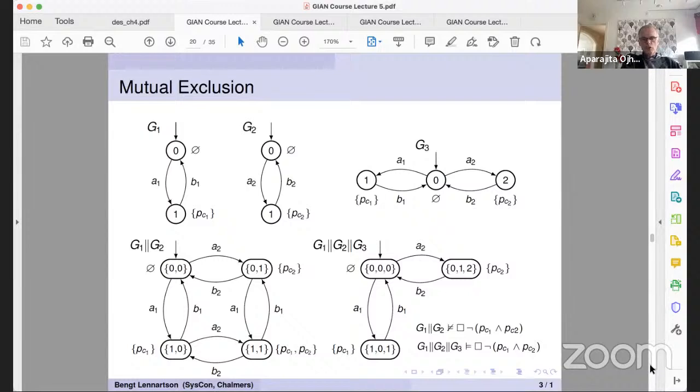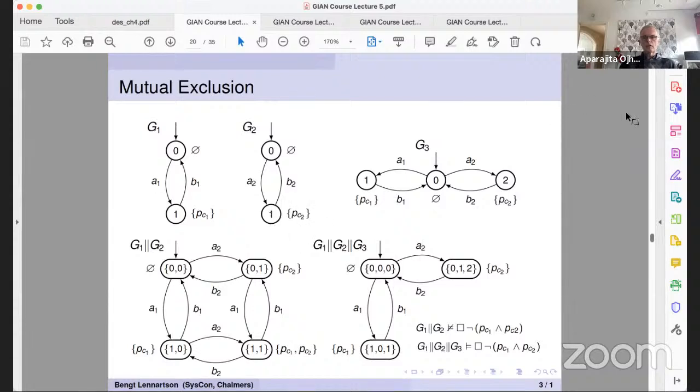Mutual exclusion can then be exemplified by two automata, where G1 has an idle state and a critical state 1, and for the second model, critical state 1 is labeled PC2.